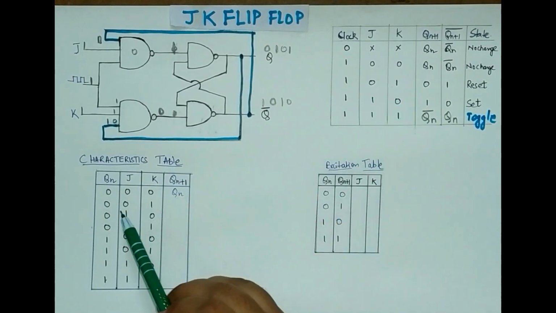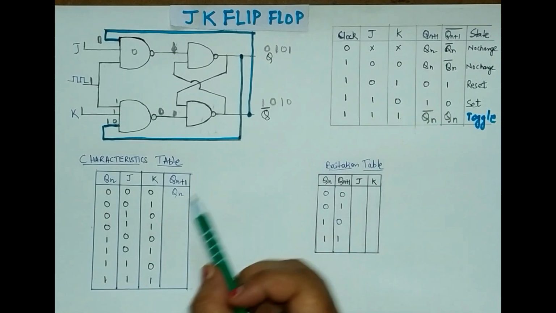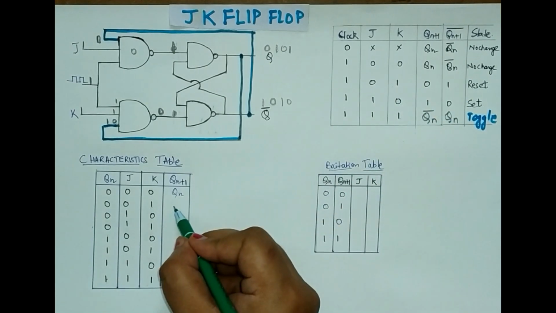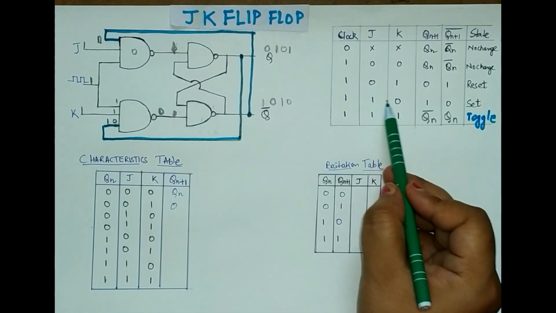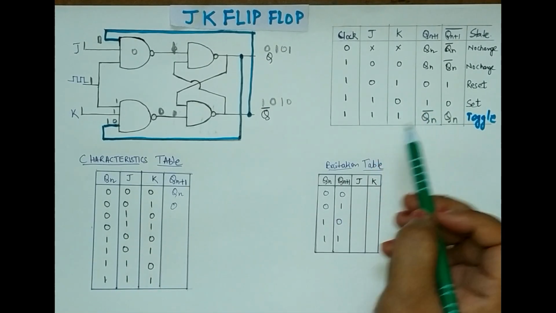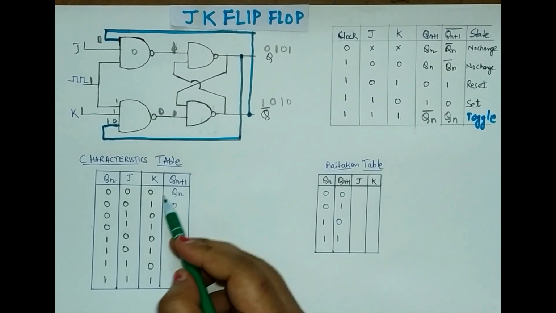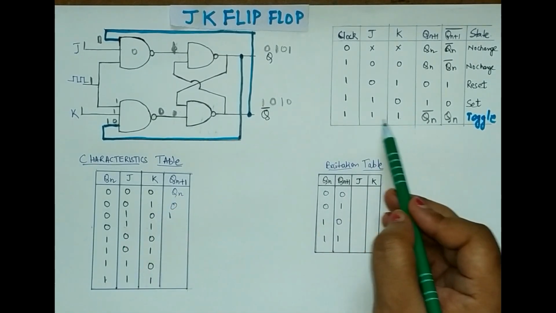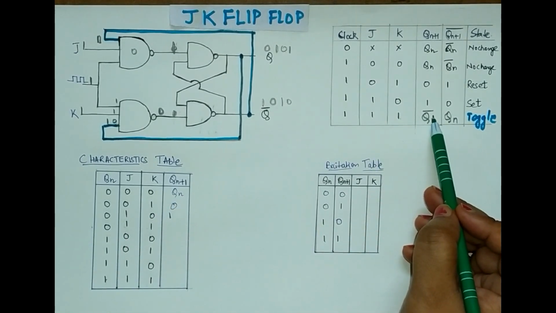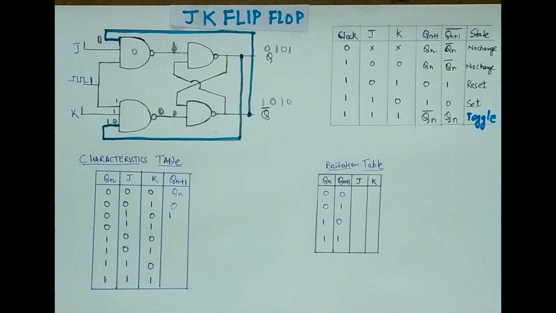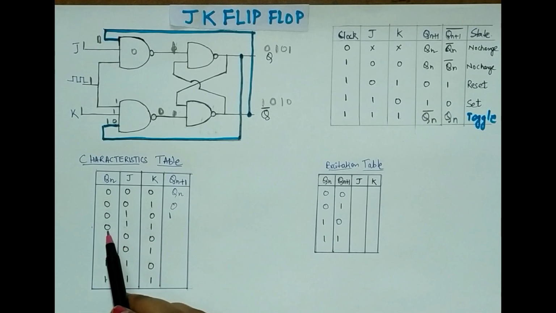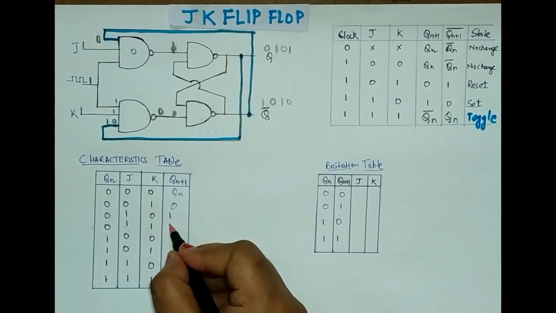Then when J and K are 0 1, your Qn plus 1 is 0. When J and K are 1 0, then Qn plus 1 is 1. And when J and K are 1 1, what is the next state? It is the complement of the previous state. The previous state over here is 0, so its complement will be 1.